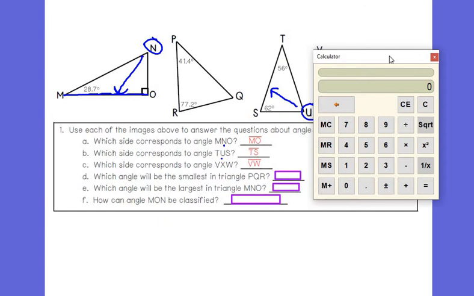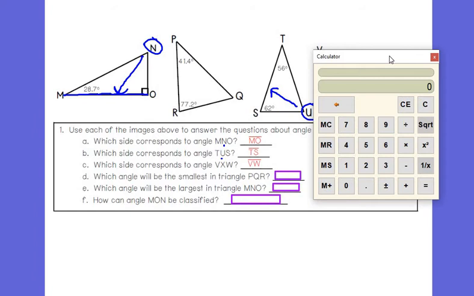I don't know, but it could actually be 77.2 because R and Q looked exactly the same. We can't go on looks, because they're going to try and deceive you from looks. So three angles of a triangle add up to how much? 180. So how can I find Q?